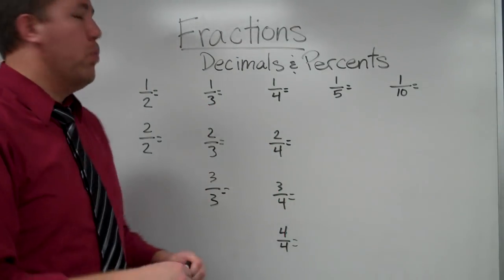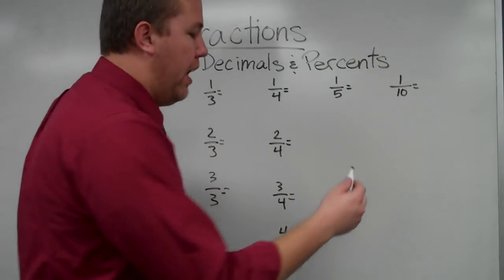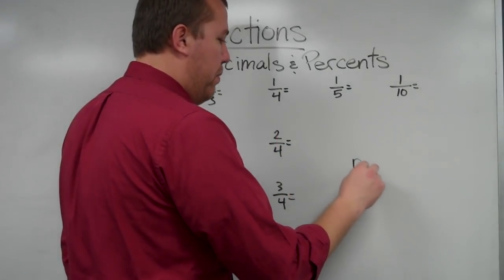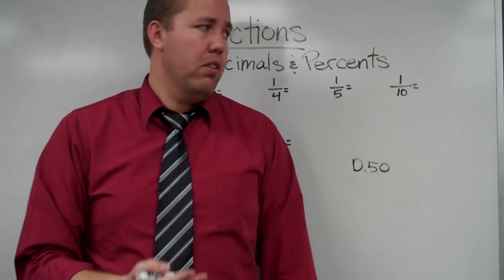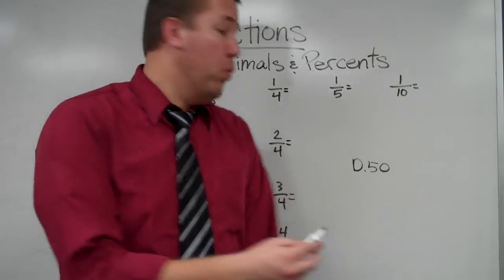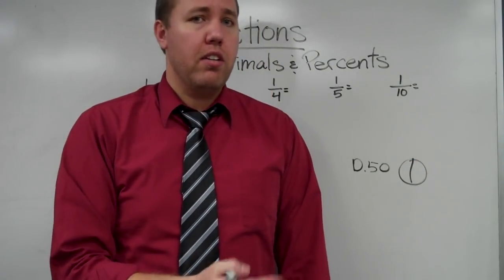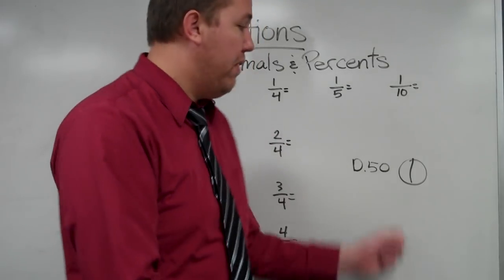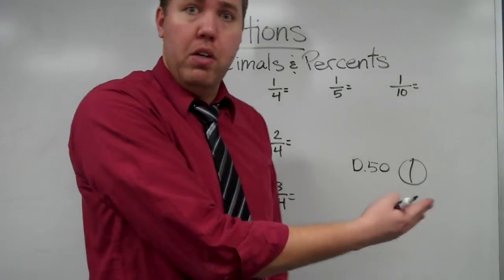So let's look at 1/2 first of all. If I do 1/2 on a calculator, I am going to get 0.50. Okay, 0.50. Now that's 1/2 out of 1. Okay, that's just out of 1. Percent literally means out of 100. So if I have 1 and I want to make it out of 100, I just times that by 100.